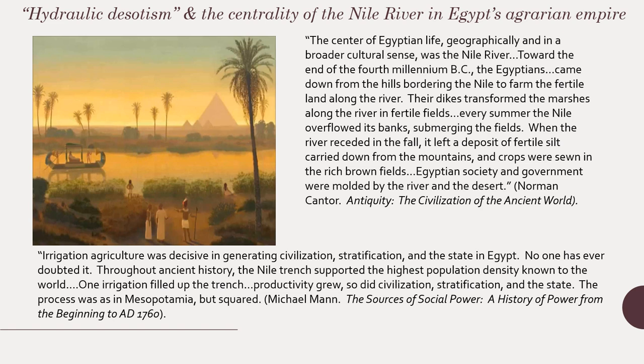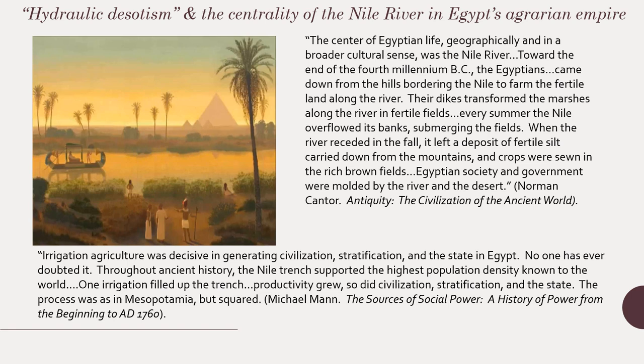The river, we already know, was the centerpiece of everything that would come to be the rich and powerful kingdom. In The Sources of Social Power, Michael Mann, a noted sociologist, says the irrigation agriculture was decisive in generating civilization, stratification, and the state in Egypt. No one has ever doubted it.